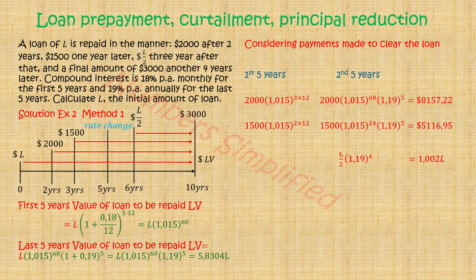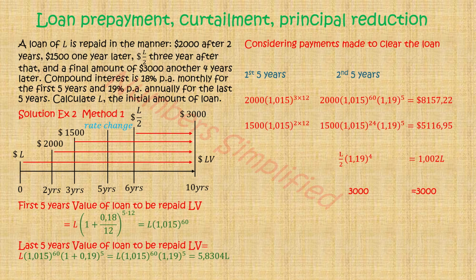Right, so then we get to the final payment that was made. Now the final payment is 3,000 and it was made right when the loan was due. So this one is not going to accrue any interest. It would be 3,000 because it was paid on the spot when the loan was due.